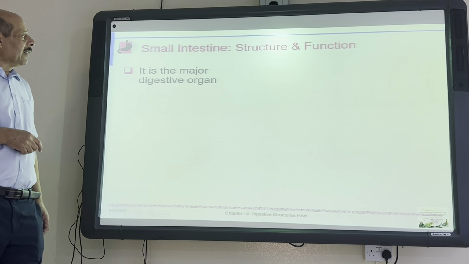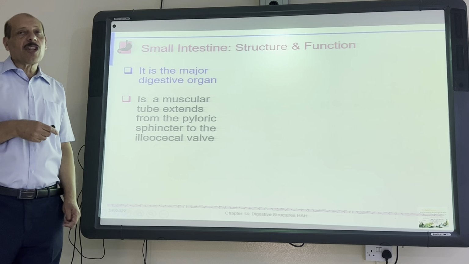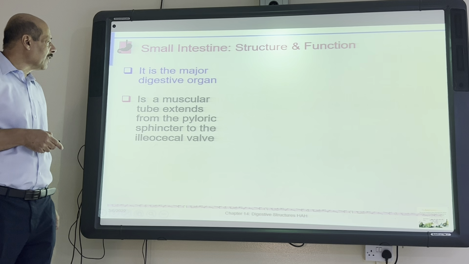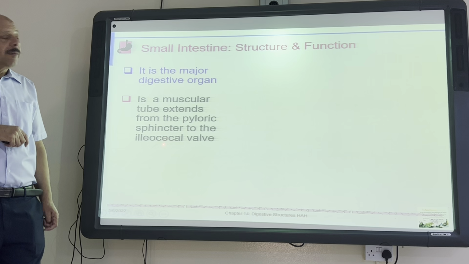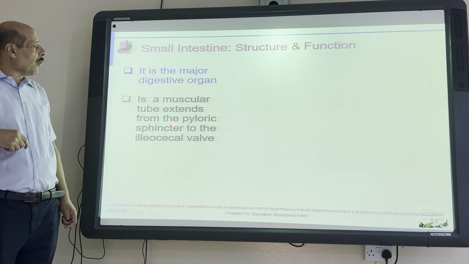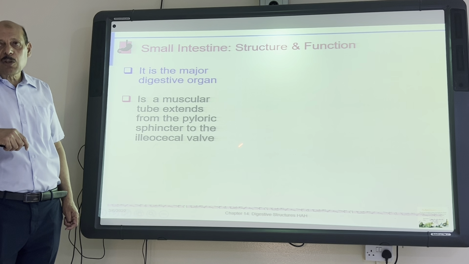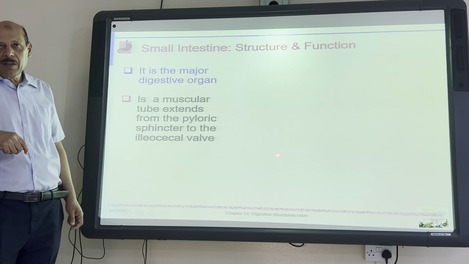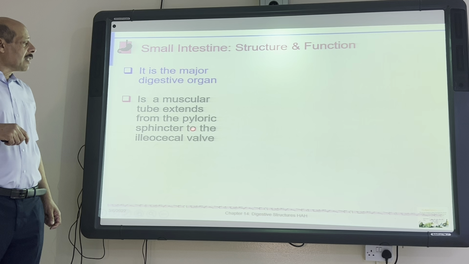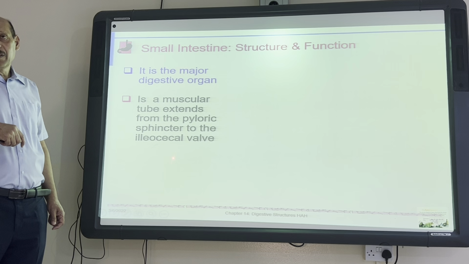The small intestine. The major chemical digestion, by the way, is in the small intestine. It is a muscular tube extending from the pyloric sphincter, which is the opening of the stomach downward, the junction between the duodenum and the stomach, to the ileocecal valve.